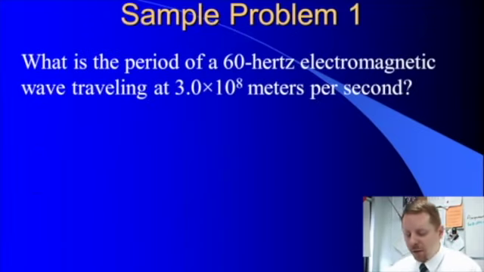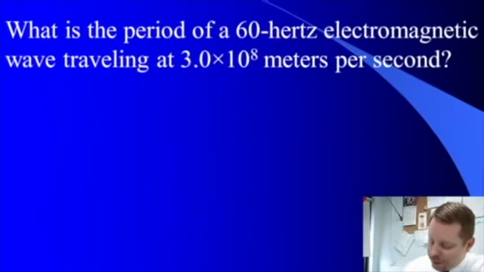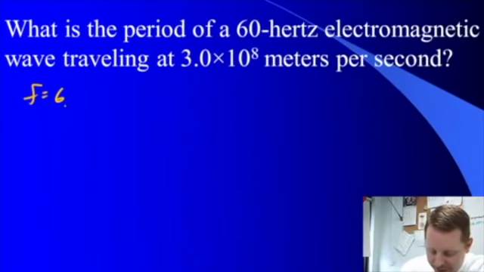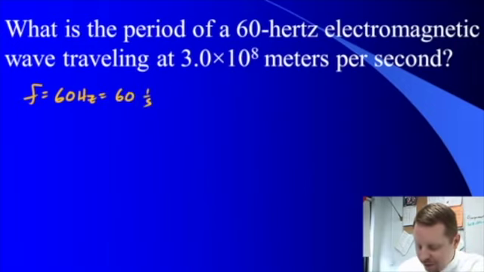So, sample problem 1. What is the period of a 60 hertz electromagnetic wave traveling at 3 times 10 to the 8th meters per second? Well, we know its frequency is 60 hertz, or 60 1 over seconds. We know its velocity is 3 times 10 to the 8th meters per second.